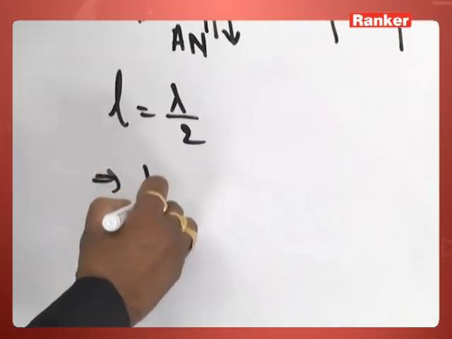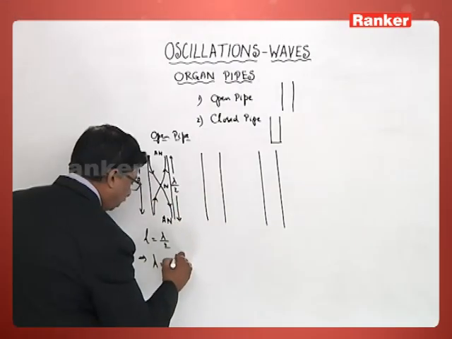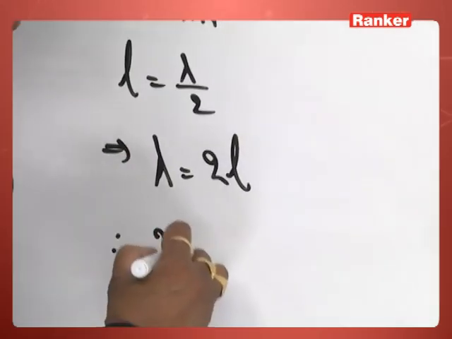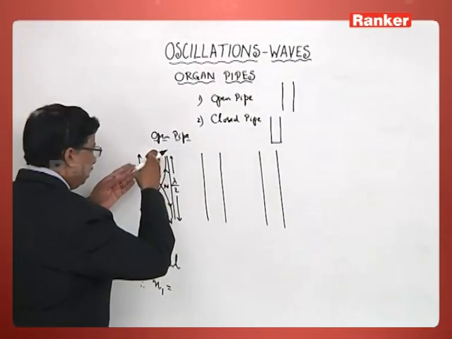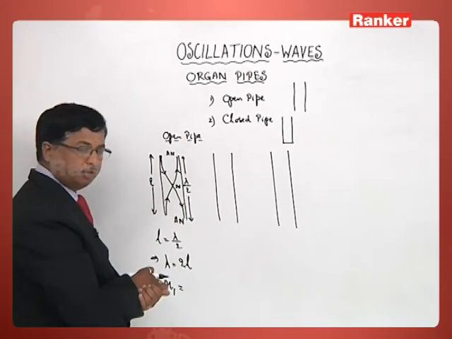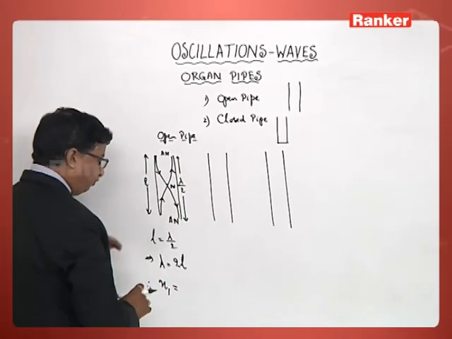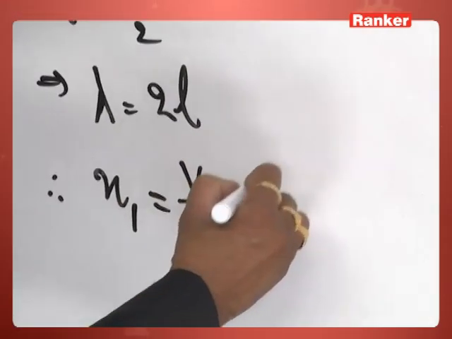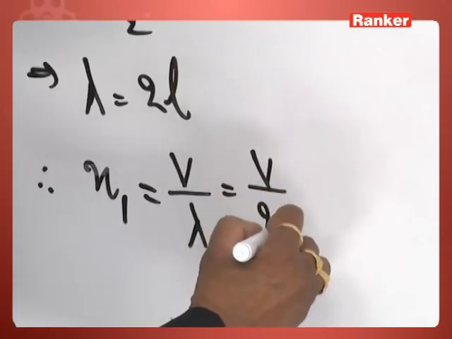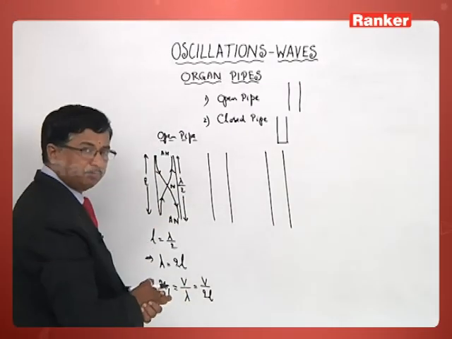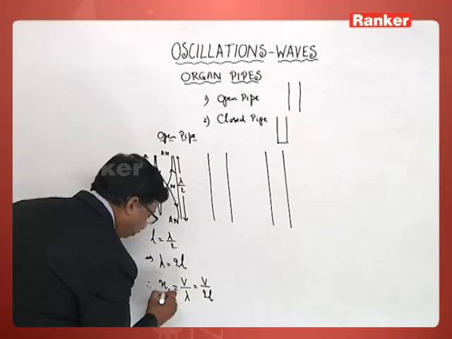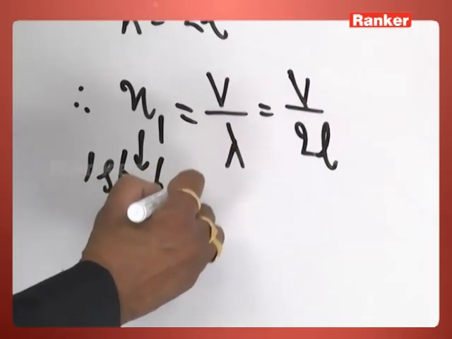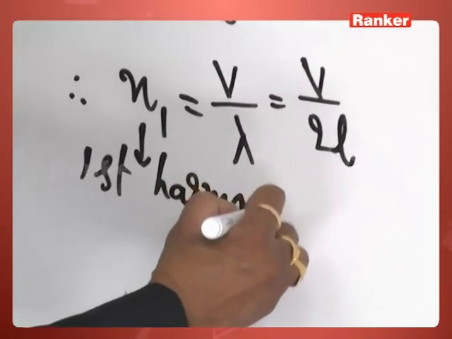In other words, lambda is equal to 2L. Therefore, what is the frequency of the vibrating air column inside? If I consider N1 as the frequency, V by lambda, the general formula, can be written as V by 2L.